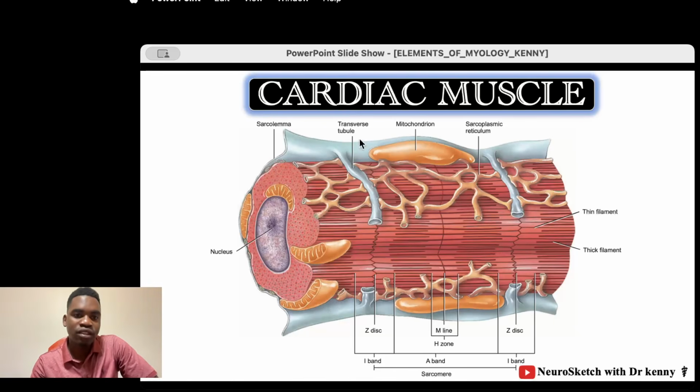But you see the mitochondria here, they are very, very big, and they are numerous as compared to the skeletal muscle fiber. So both cardiac and skeletal muscles are striated. Why striated? Because of these contractile filaments, the thin and thick filaments, of course actin and myosin filaments.